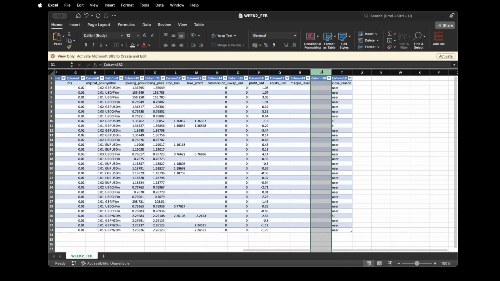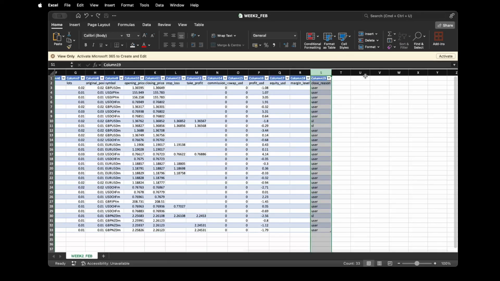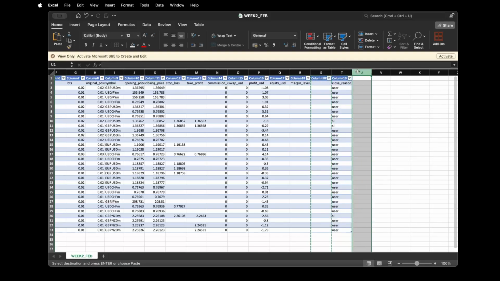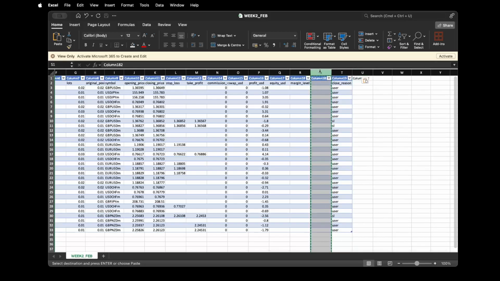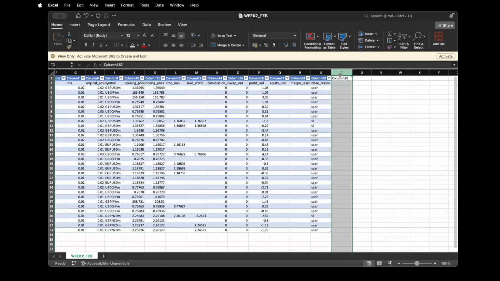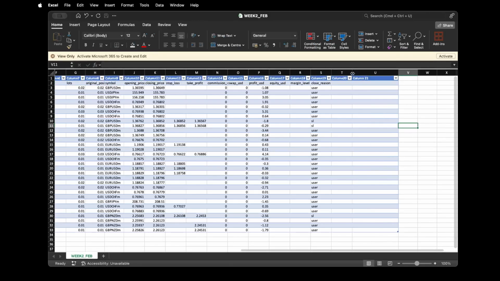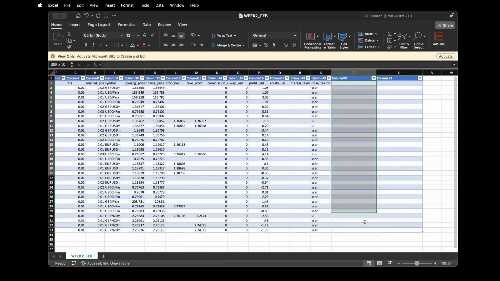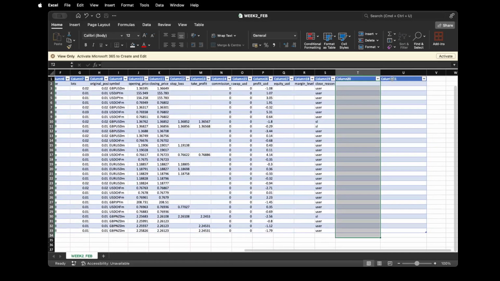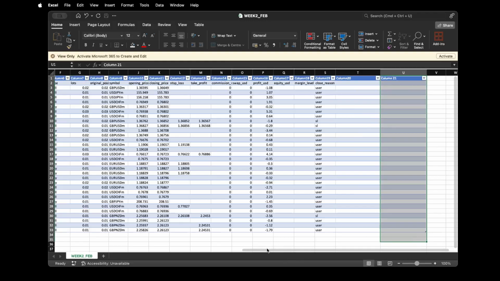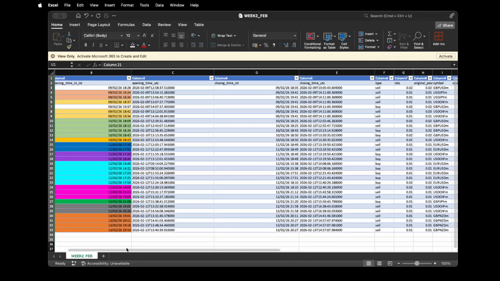I can insert, copy, paste, delete. Anyways, column 20 and column 21. Here we will be keeping our learnings, what we did wrong, and so on and so forth. So let's analyze the first trade.